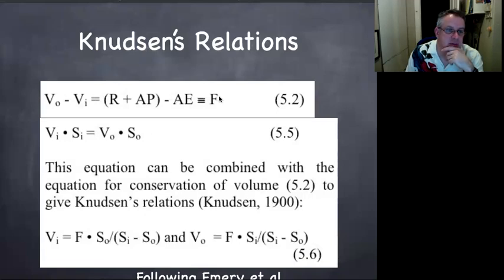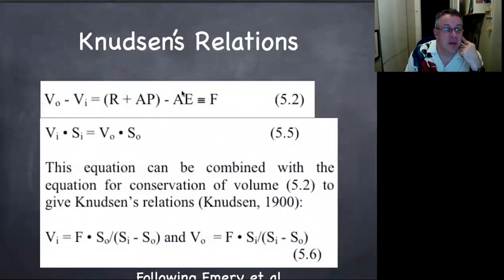We have a budget for the fresh water, which says that the outflow minus the inflow is equal to the runoff plus the precipitation minus the evaporation. So these are the non-oceanic sources of fresh water, and this is the oceanic sources. Those two have to be equal to the freshwater source. And the salt source is just the ocean flows in and out, which is these two, but with a salinity multiplier.